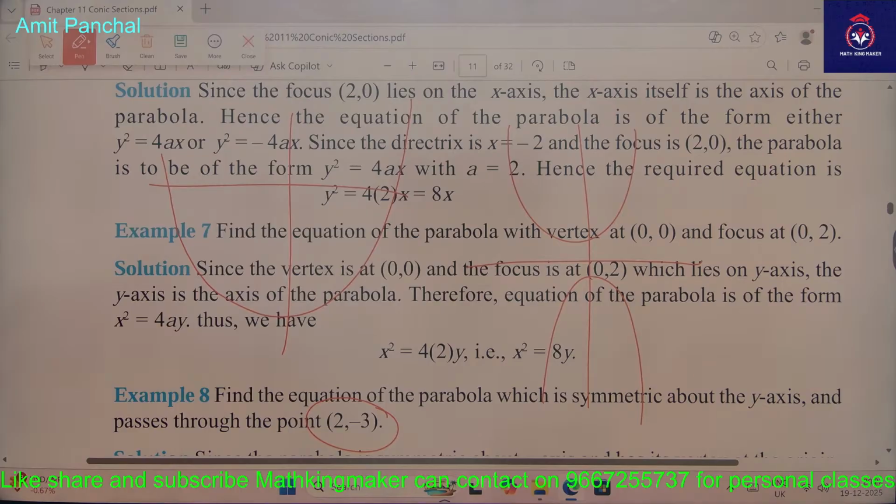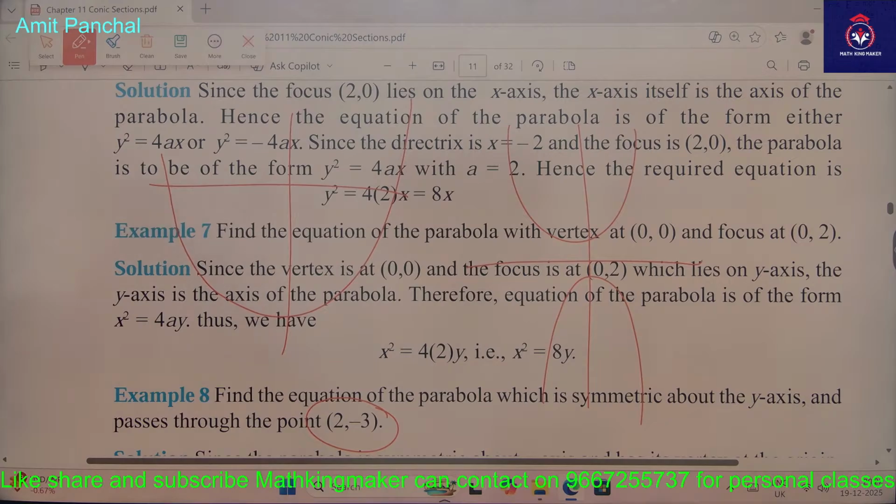We should decide between x square equals to minus 4ay and x square equals to 4ay. What comma do I say? x comma minus y.